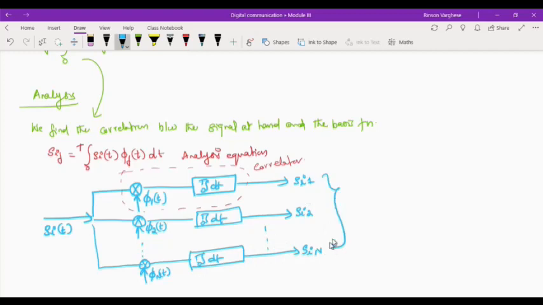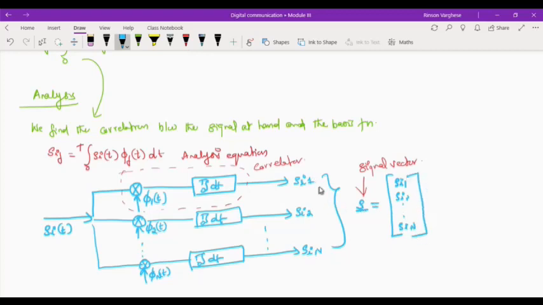This whole thing can be represented by a vector which is called the signal vector, equal to s_i1, s_i2, up to s_in.